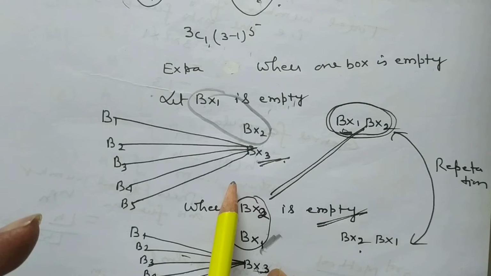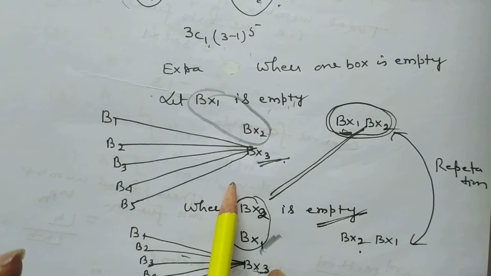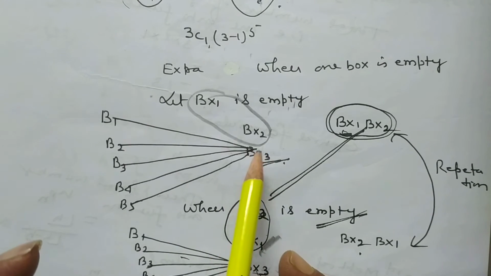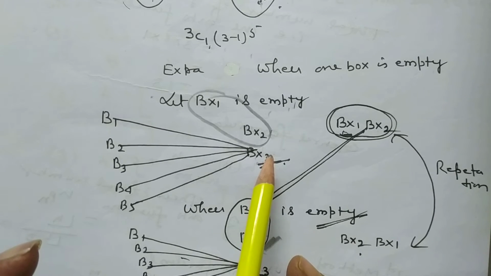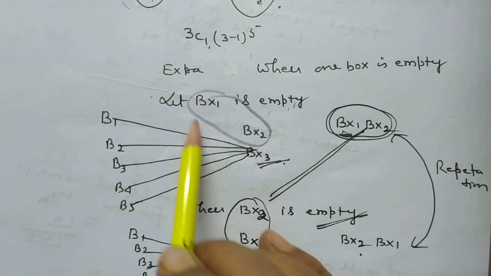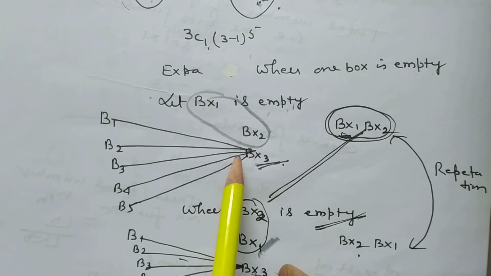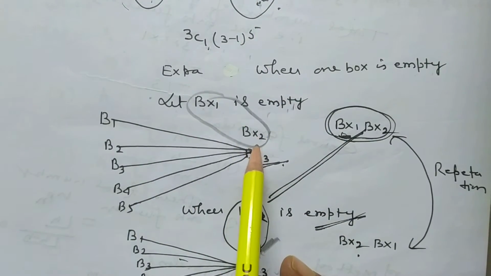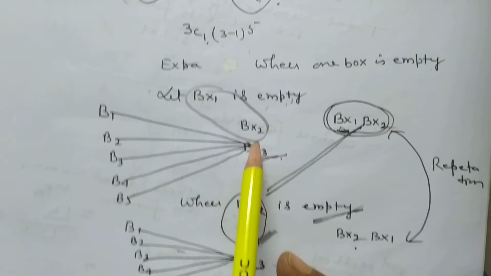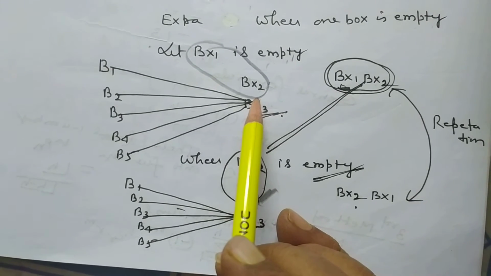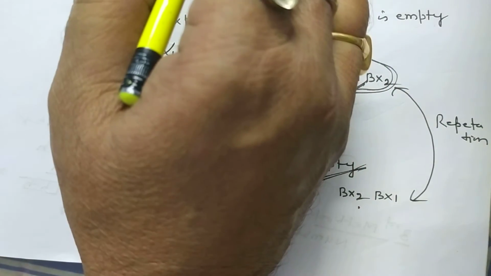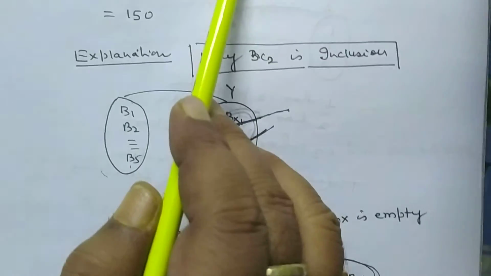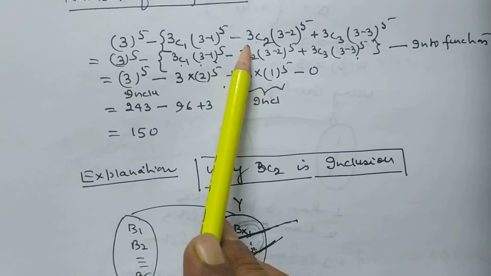And if we select 2 out of 3, then we have also bx1 bx2. So each ordered pair comes 2 times. So to make it balance, we here subtract. This you should have clear.